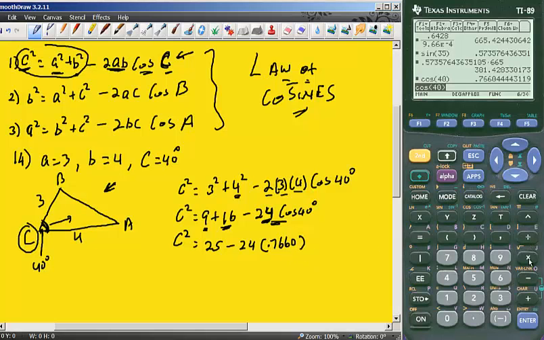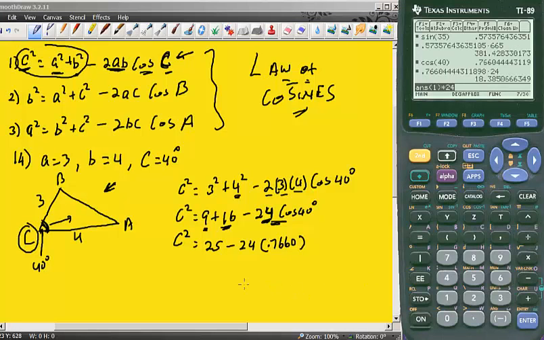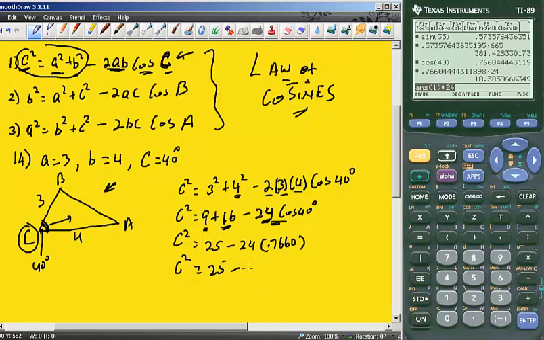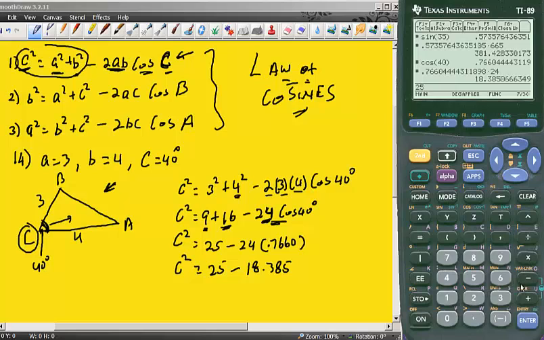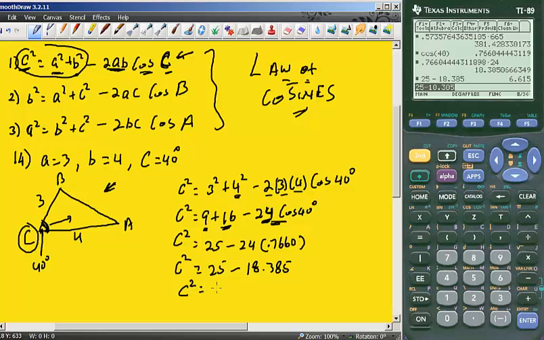We multiply that by 24, and c squared is equal to 25 minus 18.385, and that's 6.6, so c squared is equal to 6.615.